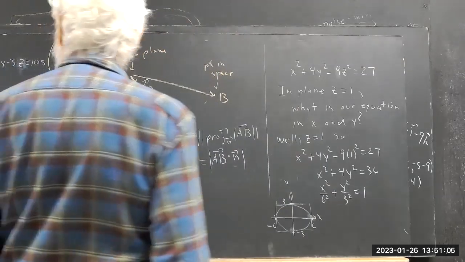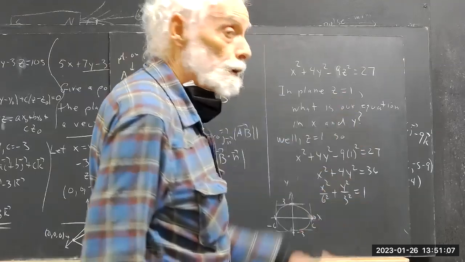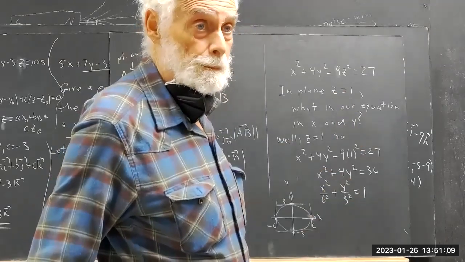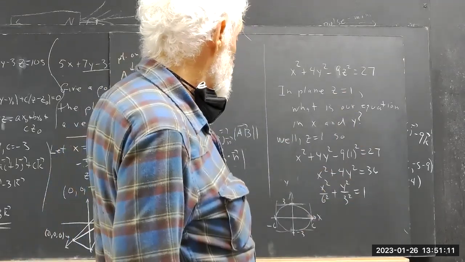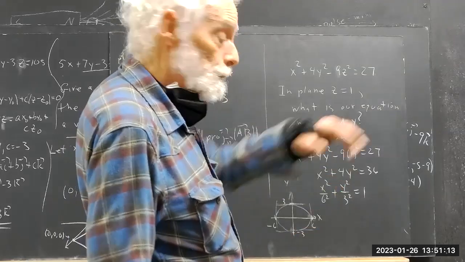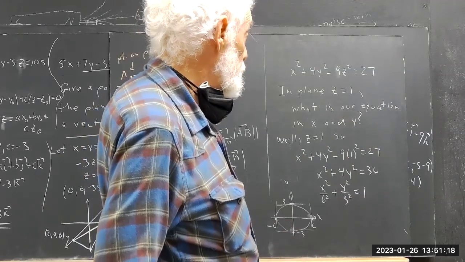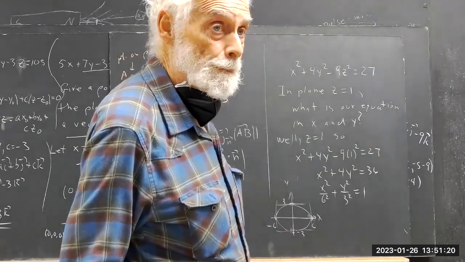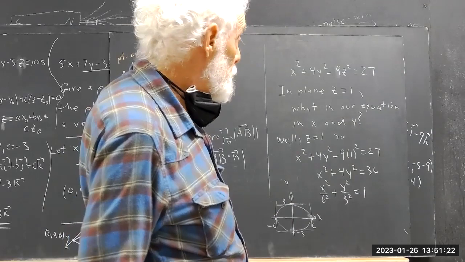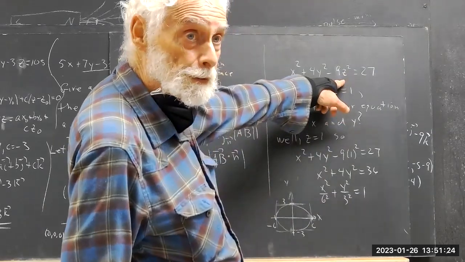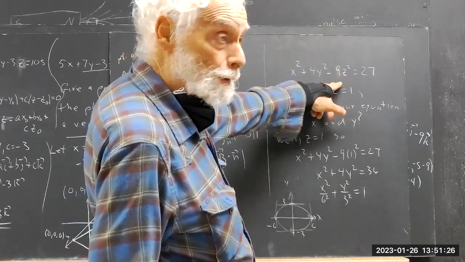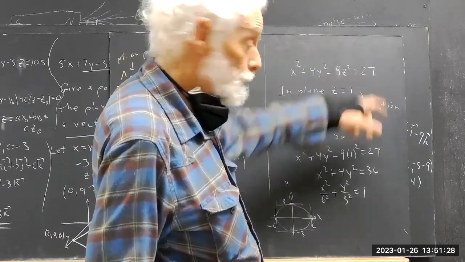What happens if we go to the plane where z equals 2? How does the ellipse we get in the z equals 2 plane compare to the ellipse we get in the z equals 1 plane? Well, if z equals 2, we get 36 now, so we add 36 to this.